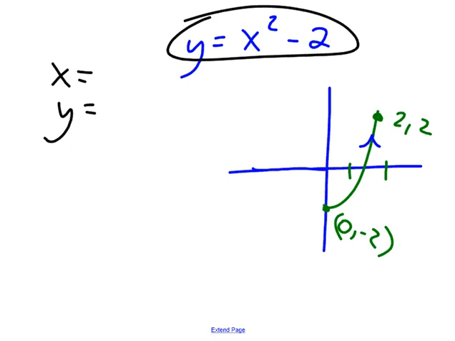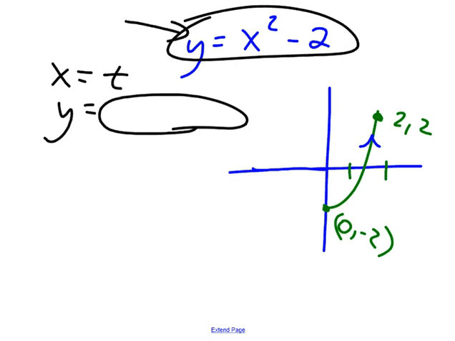So make x equal to t. And if x equals t, it's really easy to write the y equation because you've already got it here. You just have to make a little adjustment to it. And then remember, you won't have this all done until you have your t limit, which you have to figure out based on what the limit was in the first place.